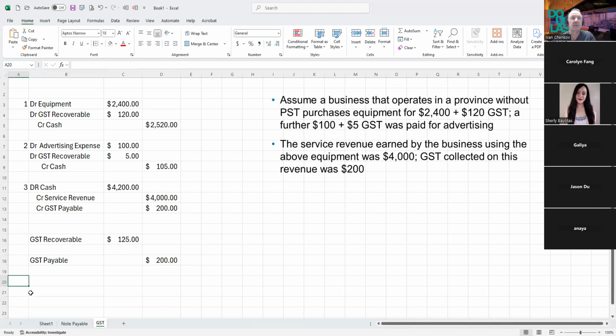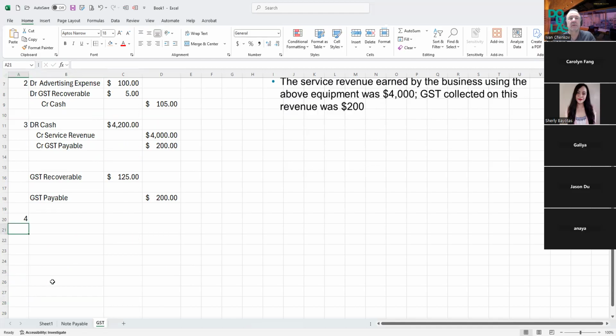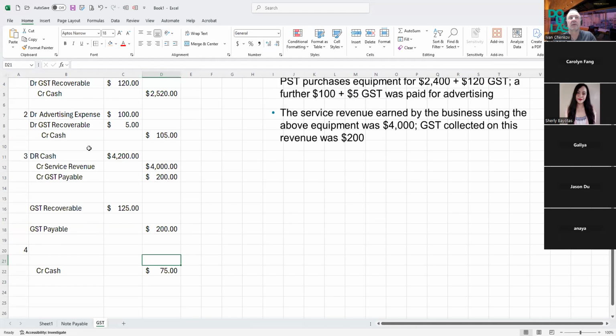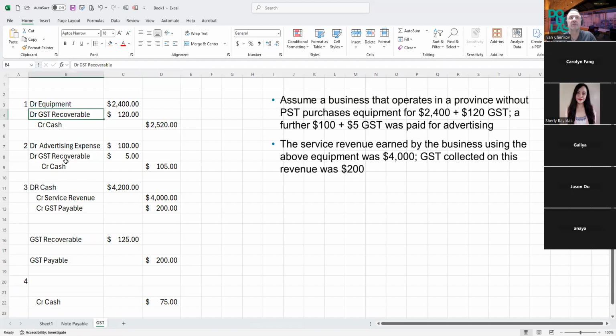Let's do the fourth journal entry now. We know that we have to pay cash. And how much cash do we have to pay? $75. Once we pay $75, we have to eliminate something. On the debit side, we have GST recoverable.